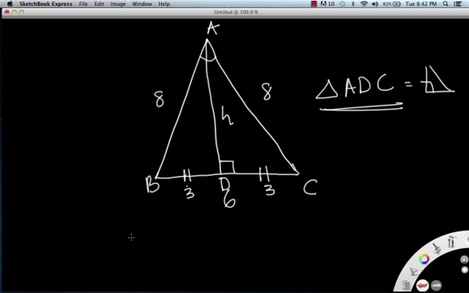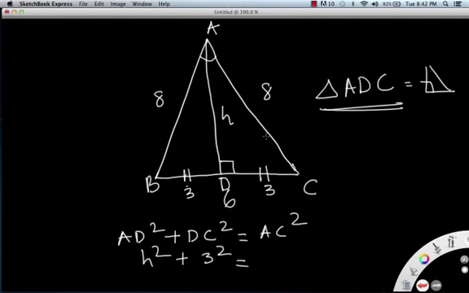So let's apply the formula. The Pythagorean theorem says that the sum of the squares of the lengths of the sides. What are the sides of this right angle triangle ADC? The sides are AD and DC. So AD square plus DC square is equal to the square of the hypotenuse, which is AC square. Now let's substitute the values. AD is h, so h square plus DC, which we have calculated to be 3, so 3 square, is equal to AC square, the hypotenuse, which is 8 square.